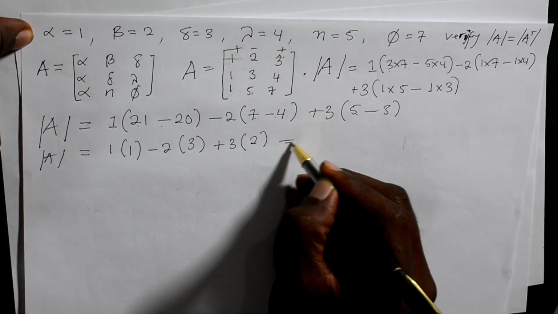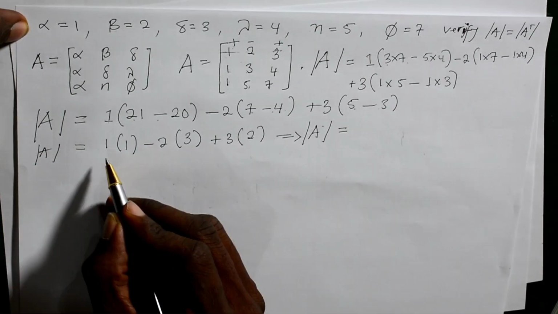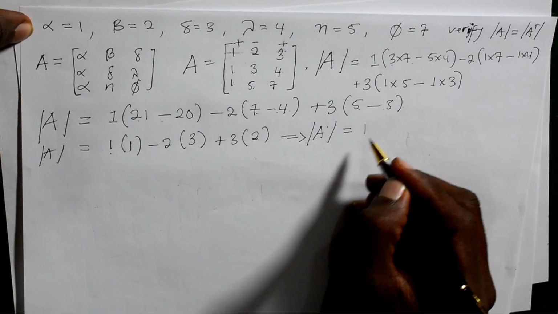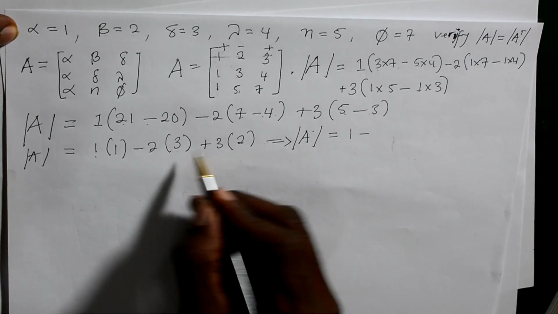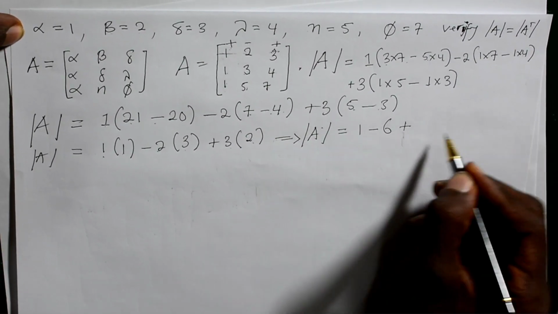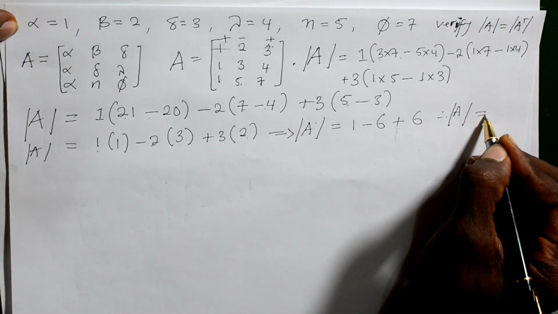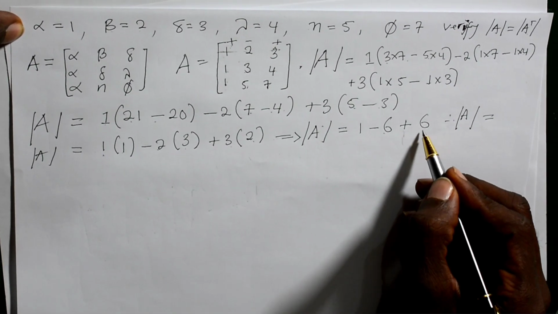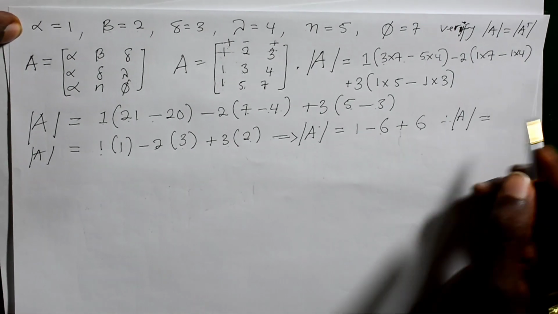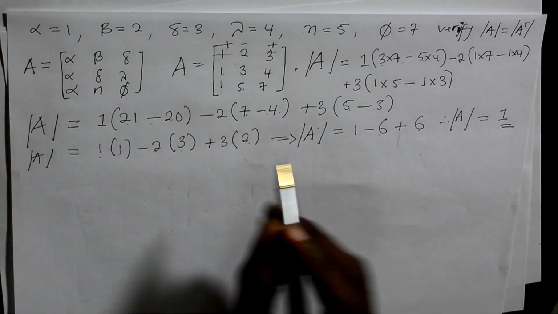So now this implies that A determinant will be equal to 1 times 1, 1, minus 2 times 3, minus 6, then plus 3 times 2, 6. Therefore, A determinant will be equal to minus 6 plus 6 plus 1. Then this gives 1. A determinant is equal to 1.